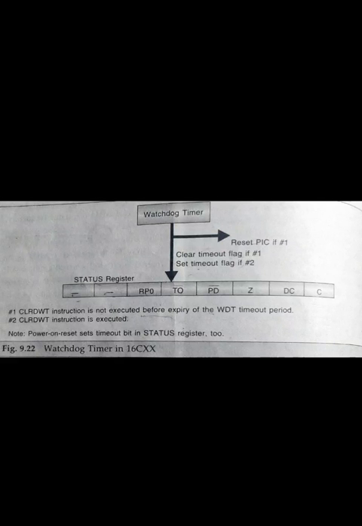It is interesting to see that a watchdog timer timeout can also wake the processor from sleep mode. The processor then continues and can clear the PD bit in the status register. Thus the PD and TO bits give the information about the cause of system wake-up.